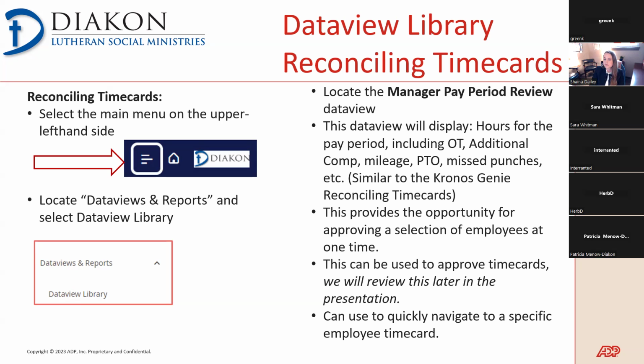In there, we've created a report that for those of you that are familiar with the Genie tool in Kronos, we labeled it what's called a manager pay period review report. And in there, you're going to see your hours, OT, mileage, etc.